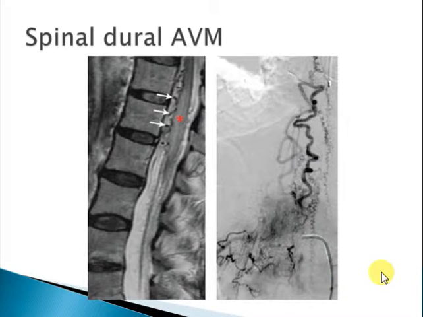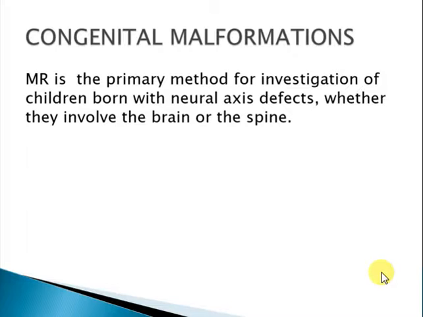Now, another subject regarding the non-degenerative disease of the spine is the congenital malformations. Of course, here MRI is the primary method of investigation of children born with neural axis defects, whether they involve the brain or the spine.